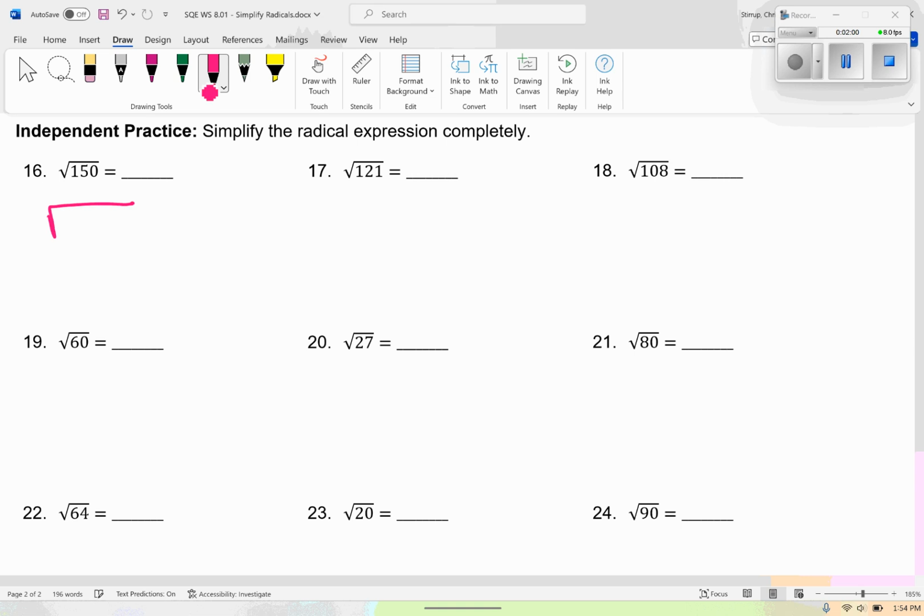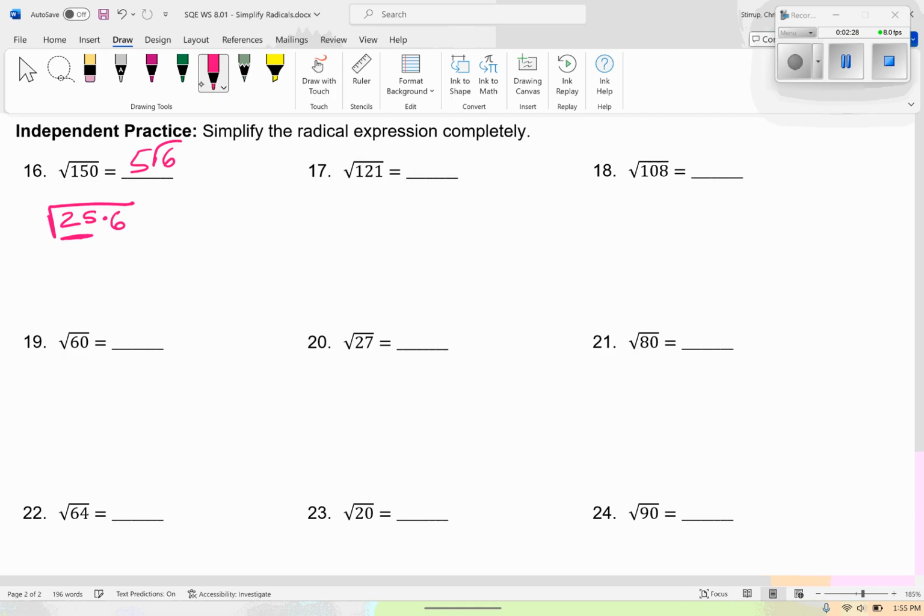I put everything under the square root, and it's 25 times 6. 25 times 6 is indeed 150. Agree? The biggest perfect square in there right now is 25. So what is the square root of 25? 5. What do I do to finish the rest of the problem? Just plug in the rest. So you have 5 root 6. Agree?